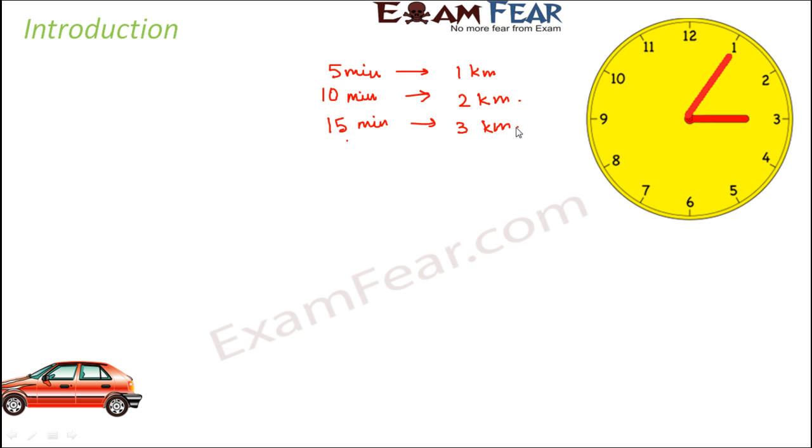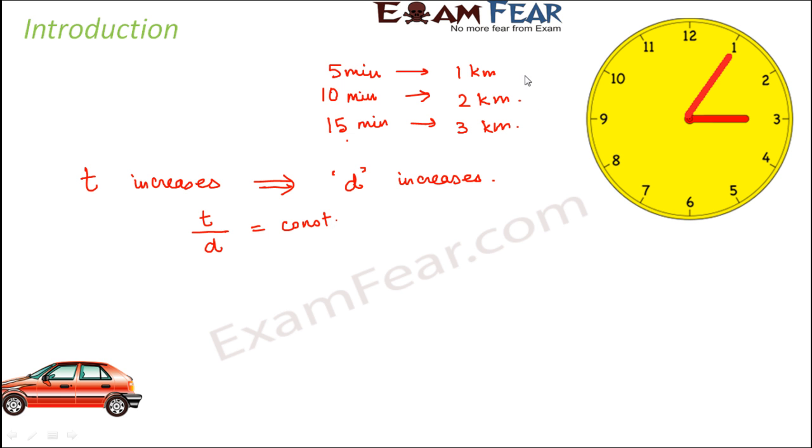So what do we understand from this? Considering speed is the same, we find that as time t increases, the distance covered d also increases, in such a way that the ratio of time to distance always remains constant.